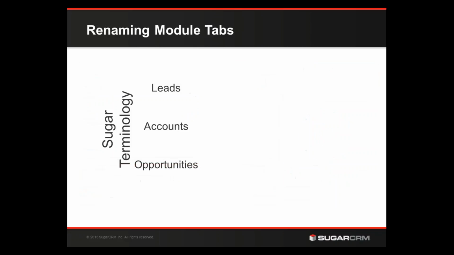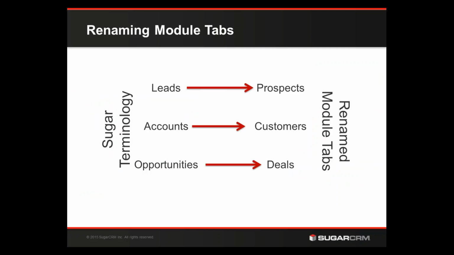If you want to rename things, so we call things leads, accounts, opportunities, you've decided you want to call them prospects, customers, and deals, well, there is a section on that same Developer Tools section on the admin page called Rename Module Tabs.